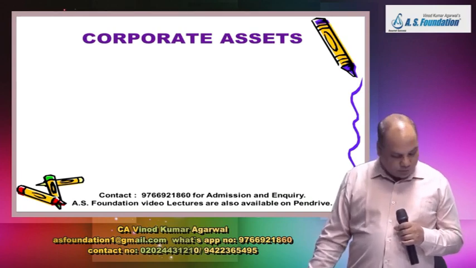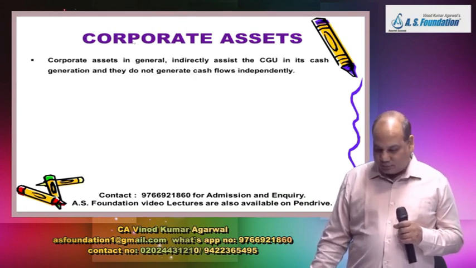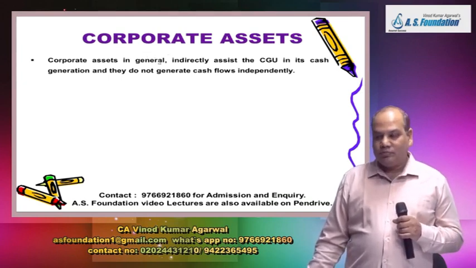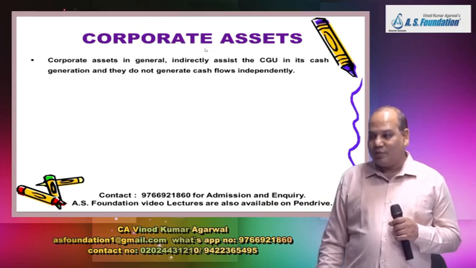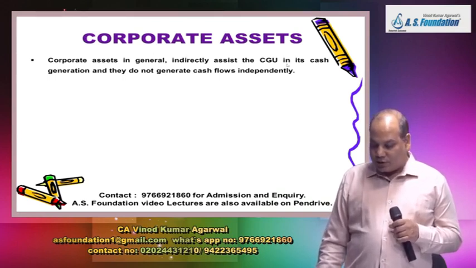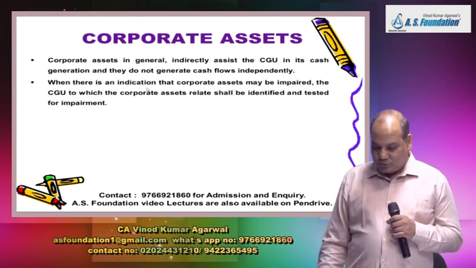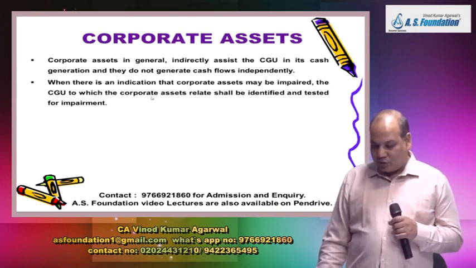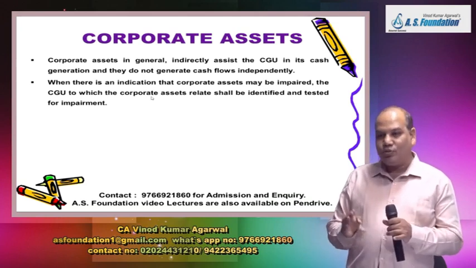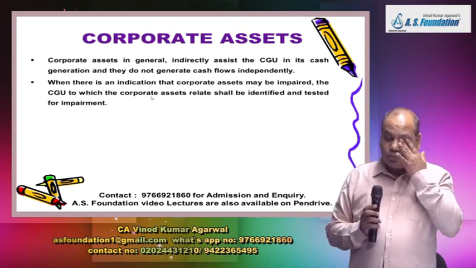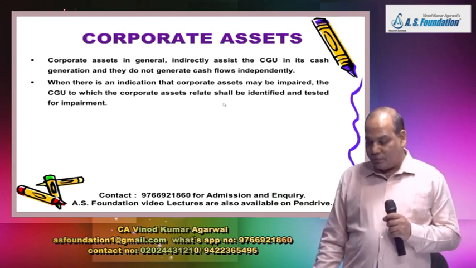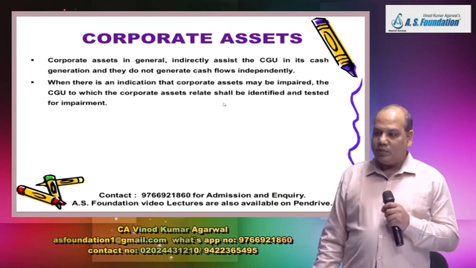Right. Next topic is corporate assets. Corporate assets do not generate cash flow, so therefore their value in use cannot be calculated. They assist other CGUs in the cash generation. So now if you have to test the corporate asset for impairment, then you have to allocate it to the CGU to which they have rendered the service and then compute the impairment loss.